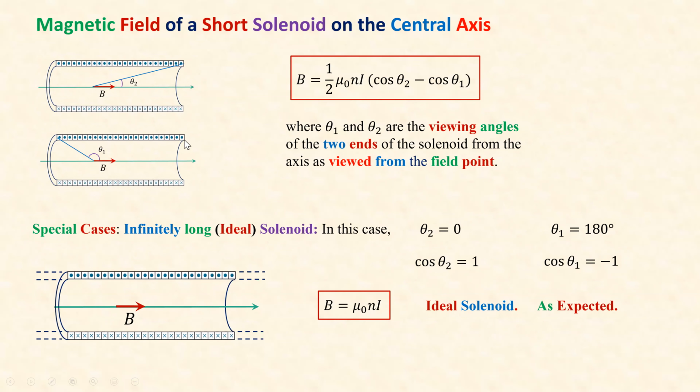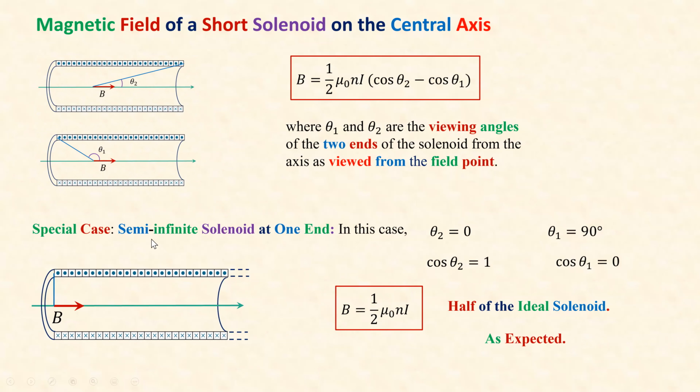And then we applied this equation to different situations. This is for an ideal solenoid. If you make that ideal, send this to infinity this way, this to infinity the other way, then theta 2 becomes 0, theta 1 becomes 180 degrees, and then cosine of theta 2 is 1, cosine of theta 1 becomes -1, and this equation reduces to this one that was for ideal solenoid.